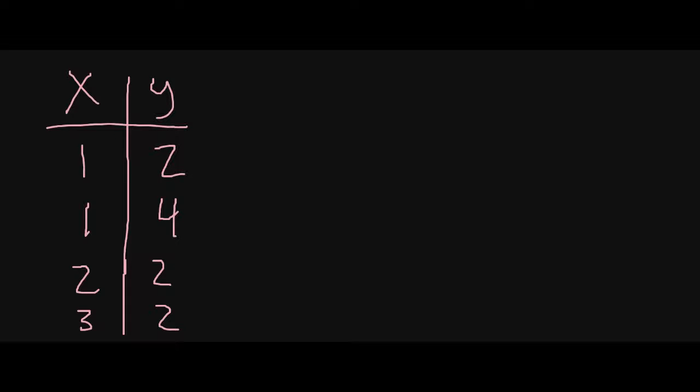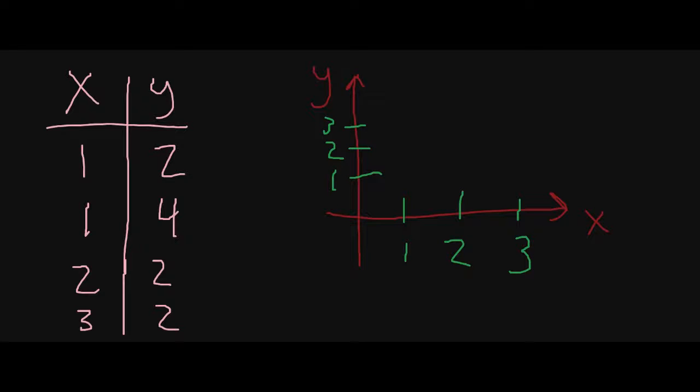Sometimes it's hard to know if this is a function or not until you graph it. So let's do a quick graph. Here we have the input 1, the input 2, and the input 3. It looks like our output is from 2 to 4, so let's do 1, 2, 3, and then 4.